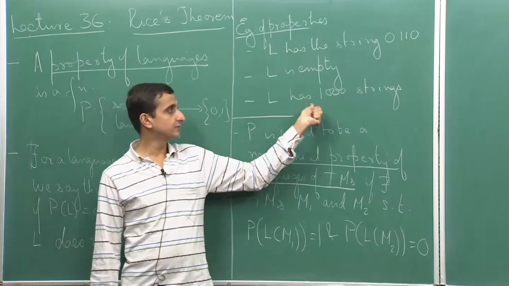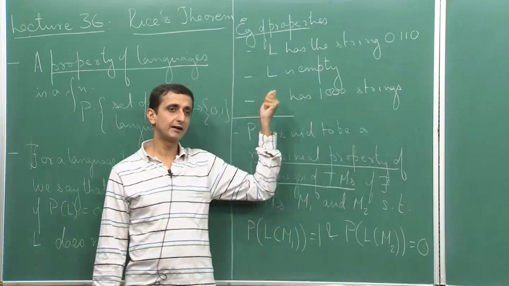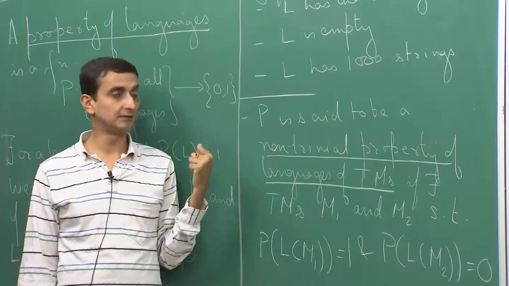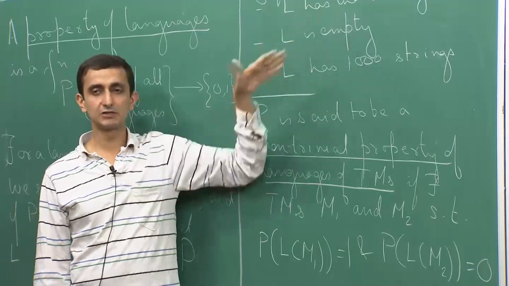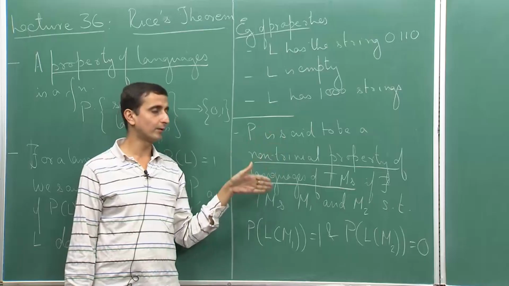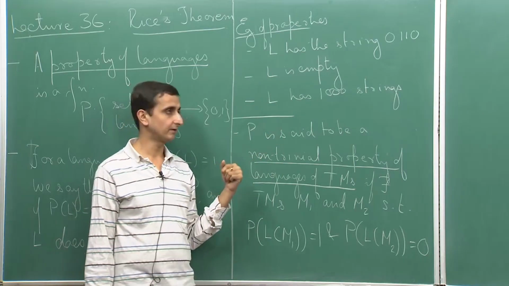There are Turing machines whose language has 1000 strings, and Turing machines whose language has more or less than 1000 strings. Similarly for the first property also. So, all these three properties are non-trivial properties of languages of Turing machines.